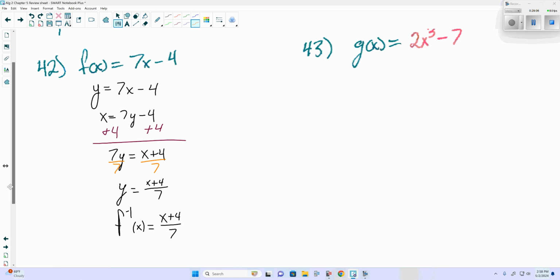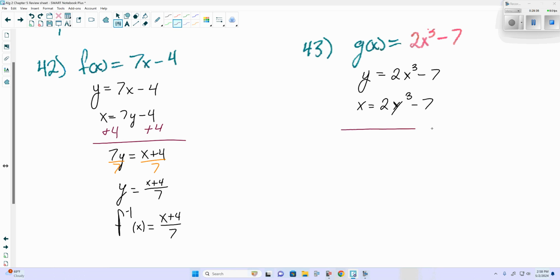Yes. So what's the first thing we need to do to find the inverse for 43? We're going to rewrite g of x as y. So the next thing is we switch x and y. So x is equal to 2y cubed minus 7.